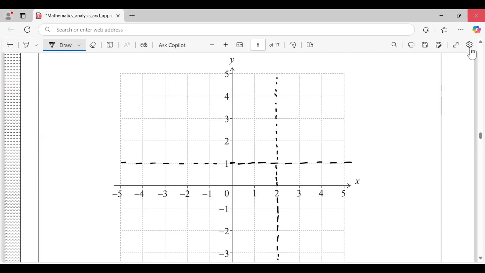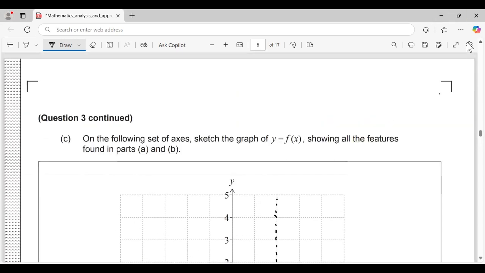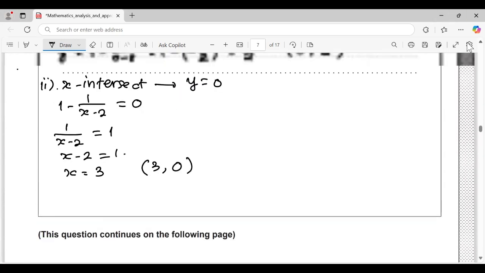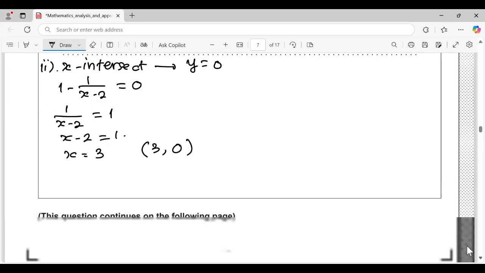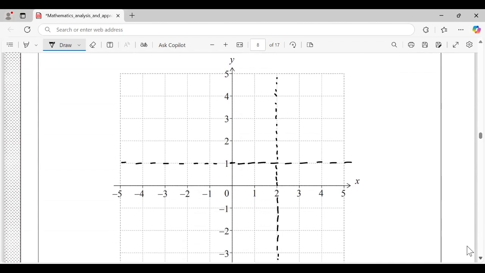And after that, the intersection points. The intersection point (0, 3/2), 3 halves means 1.5. So (0, 1.5) here.